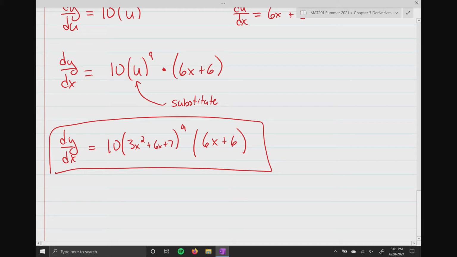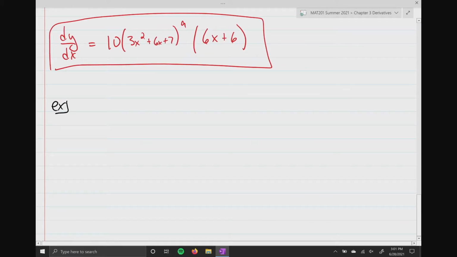So let's see. The first one, we're going to find f prime of x for f of x equals sine of 3x squared plus x. Okay?